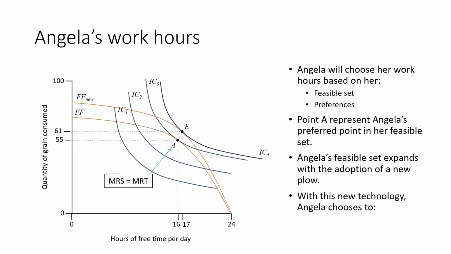With this technology, Angela chooses to produce 6 more units of grain and enjoy 1 more hour of free time. So we see that with improvements in technology, one can produce more and at the same time enjoy more free time.